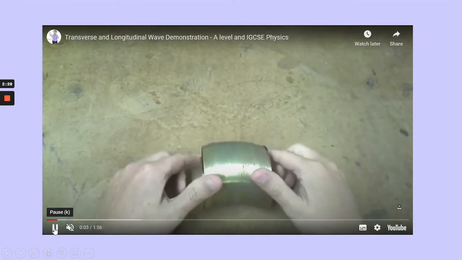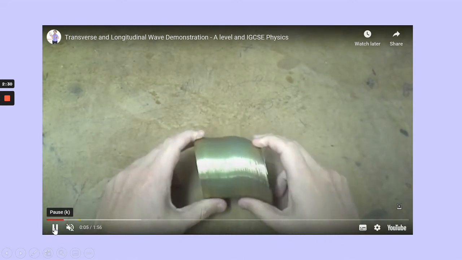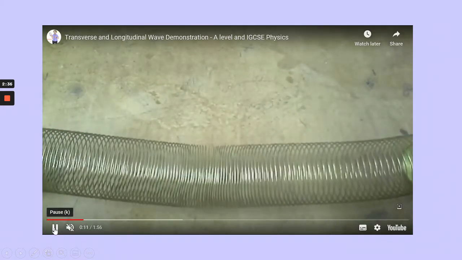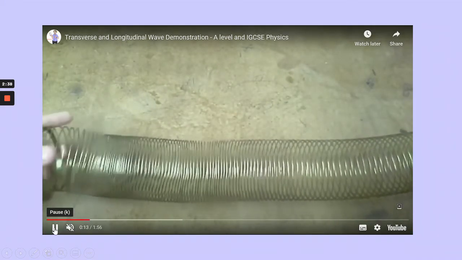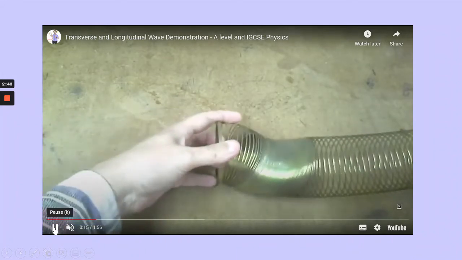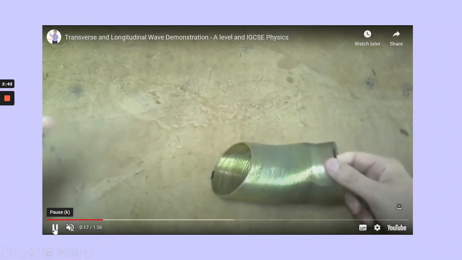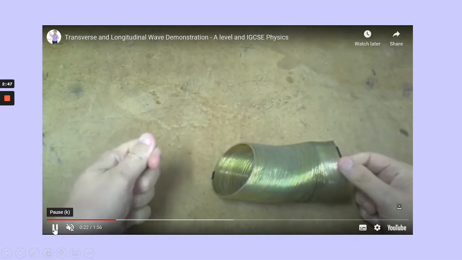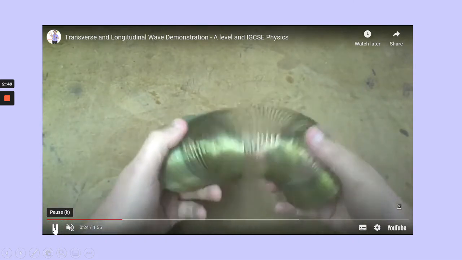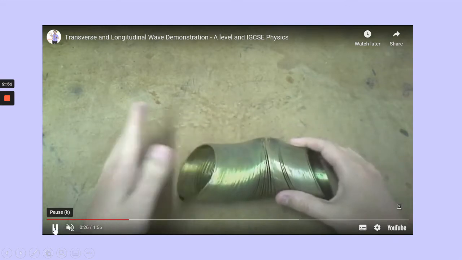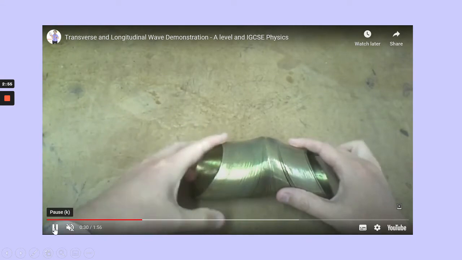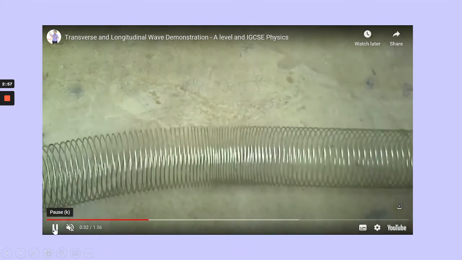Hi guys, today I just want to show you a demonstration of transverse and longitudinal waves using a slinky. Now, with transverse waves, the direction of energy is going to be going forwards, and that's the same with longitudinal waves as well. The energy is going to go this way. But with a transverse wave, the medium, in our case the slinky, which is what the wave is going to travel through, is going to be moving perpendicular to the direction of energy transfer.